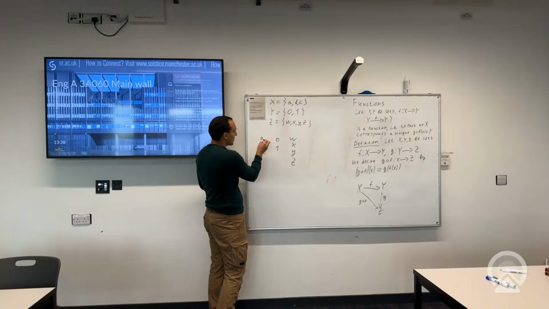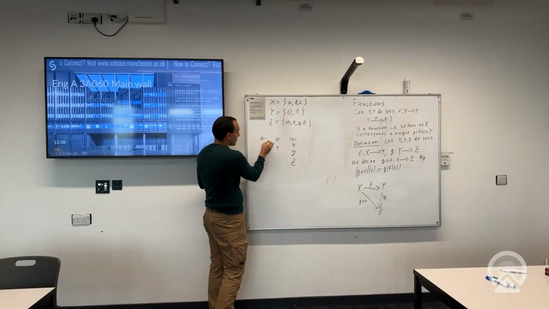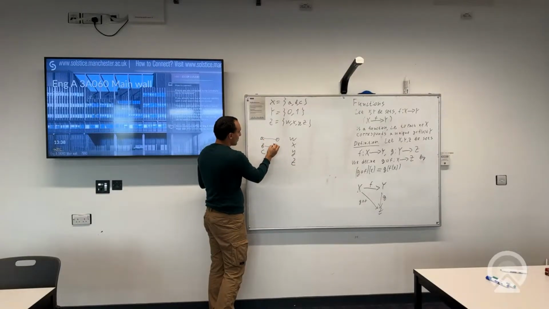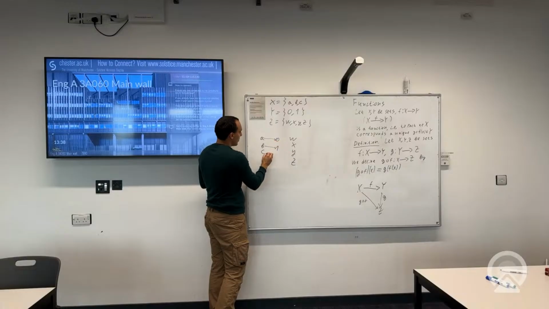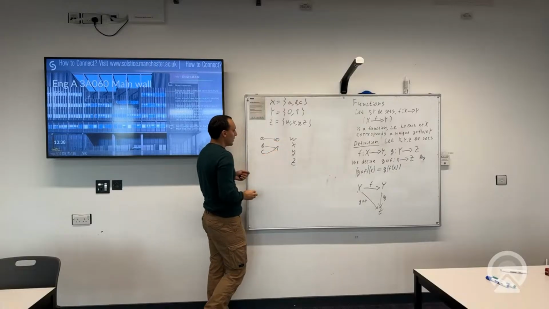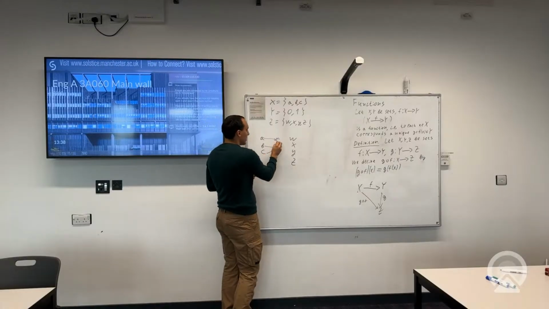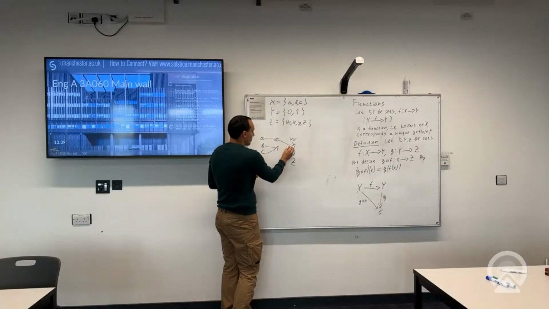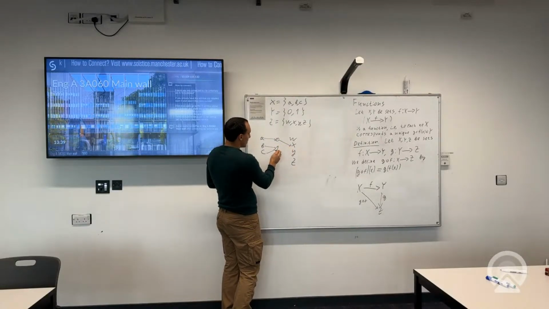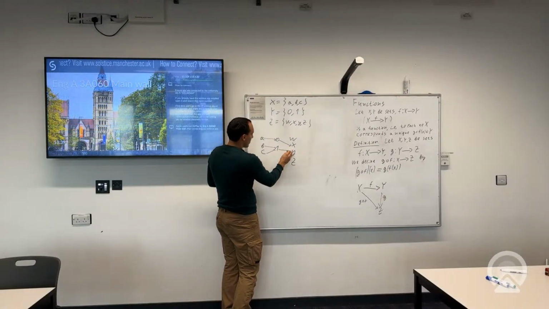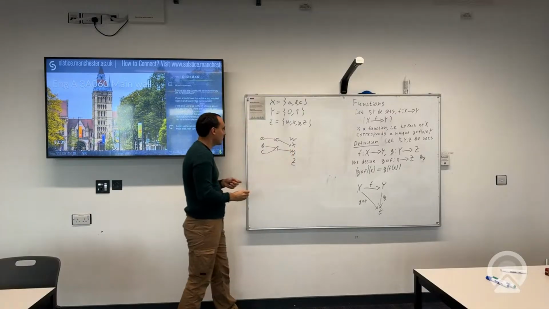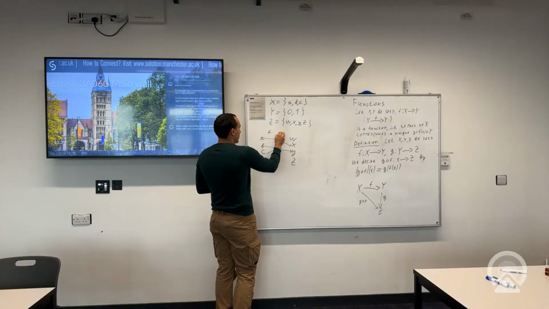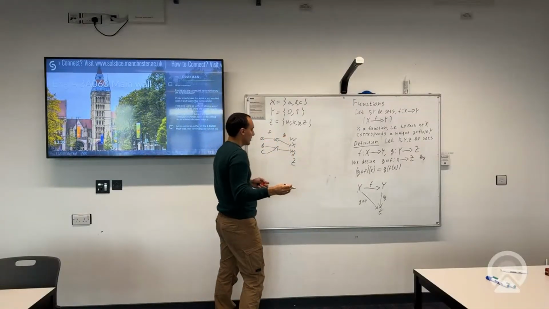For example, let's map A to 0, B to 1, and C to 1, and then map 0 to X and 1 to Y. So this is f, this is g.